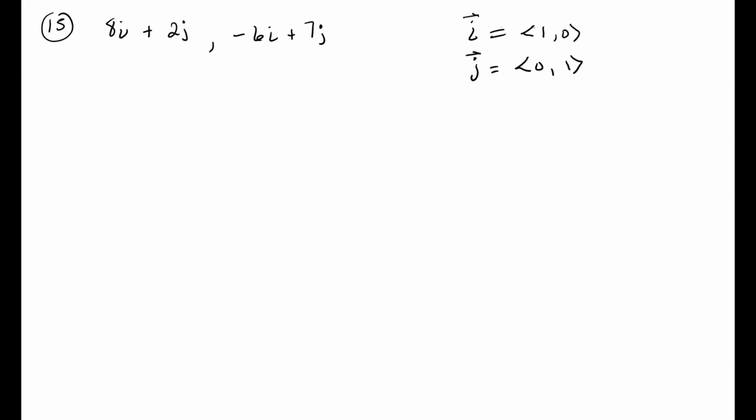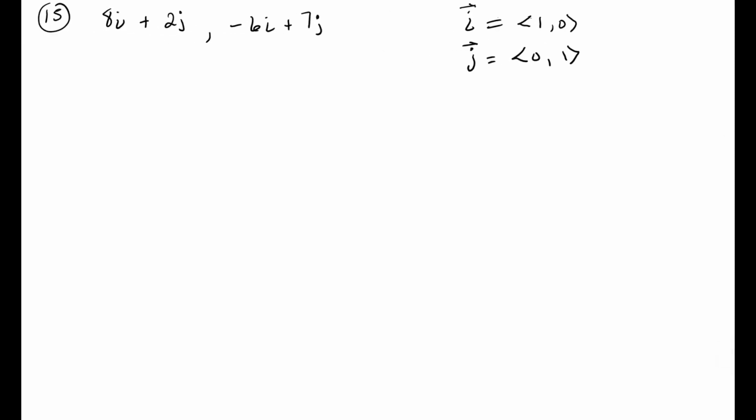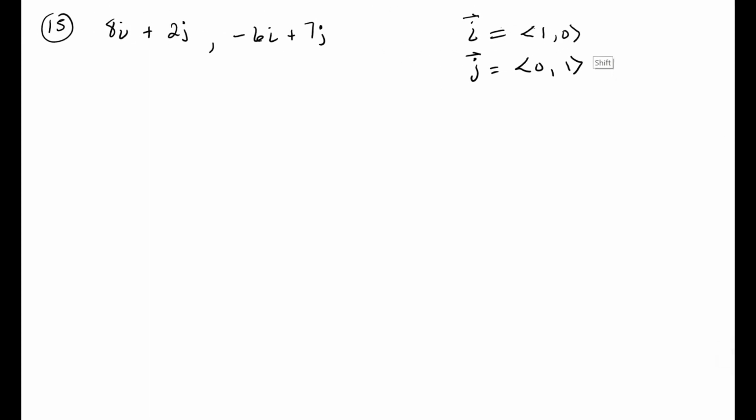So these two vectors look almost the same, except this one is a horizontal vector with a length of 1 unit, and this one is a vertical vector with a length of 1 unit.